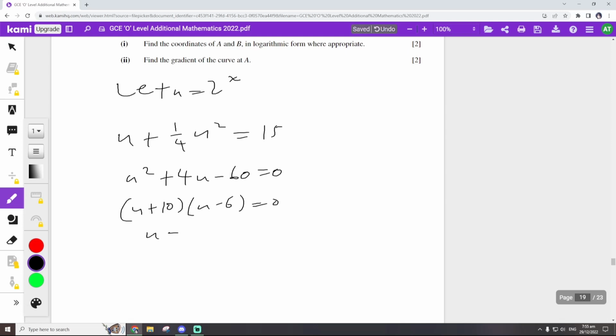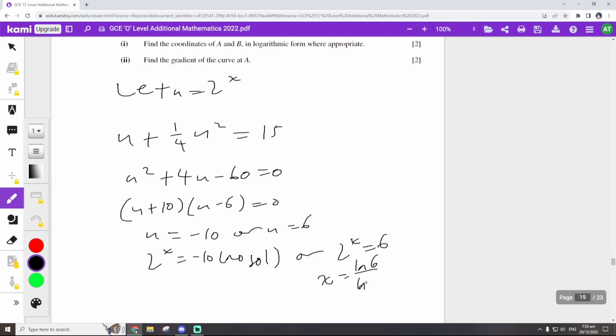So I get u equals minus 10 or u equals 6. So 2 power x equals minus 10, which has no real solution. Or 2 power x equals 6. So x is ln 6 divided by ln 2. And you can figure out what this is. It's 2.58.